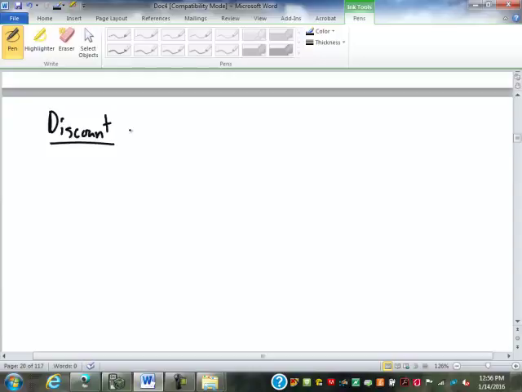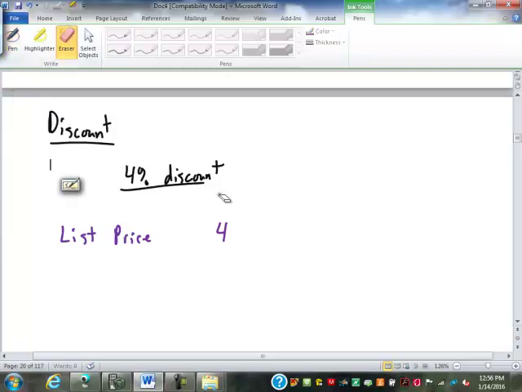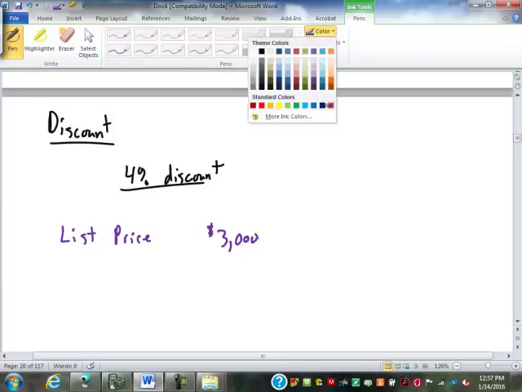I've seen some as high as 12% if you do enough business through a particular distributor. So let's say that you get a 4% contractor discount. You order materials for a job that have a list price. We're going to keep this fairly simple. Let's do a list price of $3,000. How much are you going to pay?